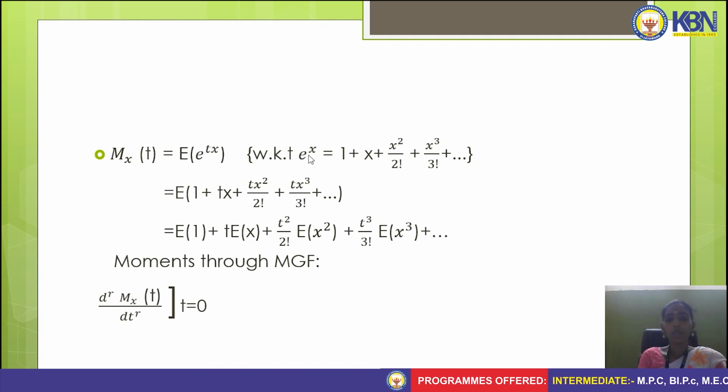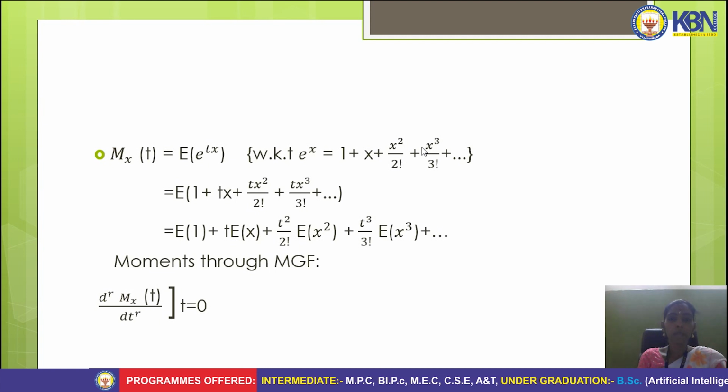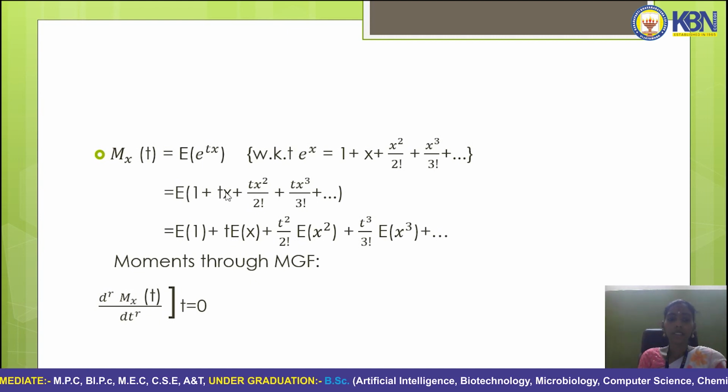We know that the expansion of e^x is equal to 1 plus x plus x square by 2 factorial plus x cube by 3 factorial and so on. We can substitute e^(tx) as expectation of 1 plus tx plus (tx) whole square by 2 factorial plus (tx) cube by 3 factorial and so on.